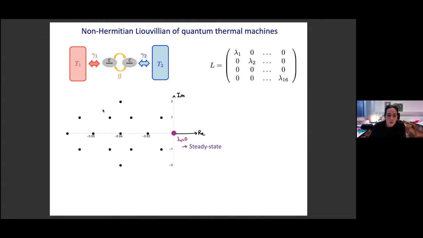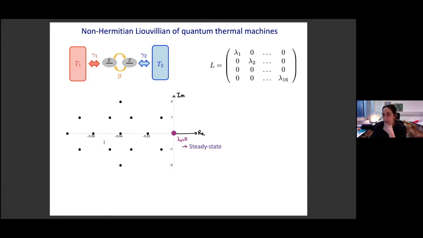Here I show the eigenvalues of this operator for this specific model, in the complex plane. The real axis is the x-axis, the imaginary axis is the y-axis. What you see first is that one eigenvalue is 0, and this eigenvalue corresponds to the steady state.